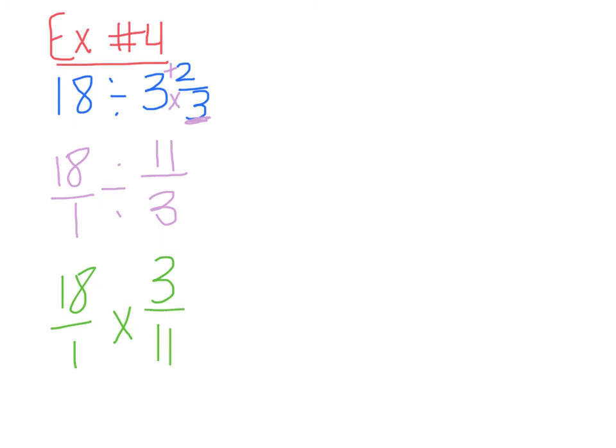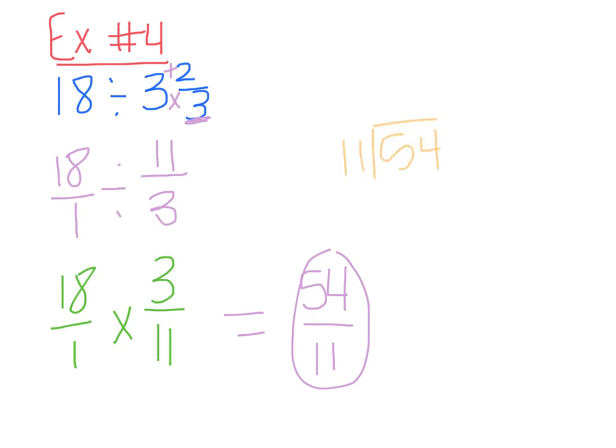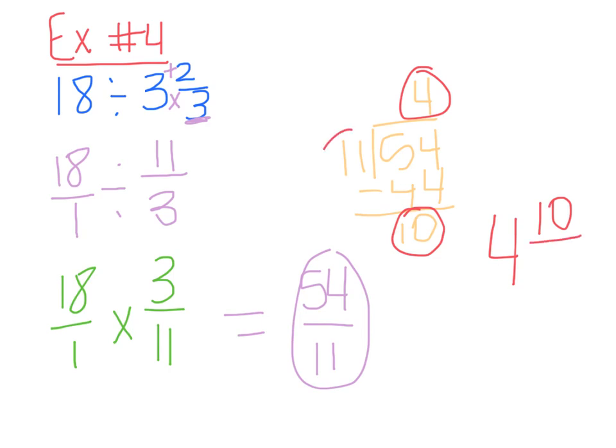And multiply straight across. 18 times 3 is 54, and 1 times 11 is 11. And then we divide. 54 divided by 11. 11 goes in 4 times, which is 44. So there's 10 left over. So our mixed number is 4 and 10 over 11.